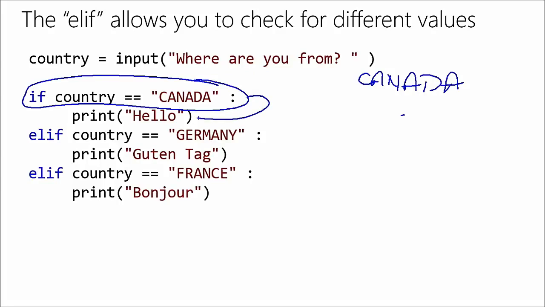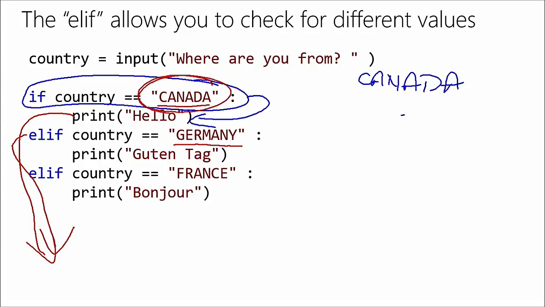It's going to run that bit of code, and then skip to the end of the if block. If it turned out that it was Germany, then the first check would test as false. It would go here, and then again skip to the end. So it's always going to be whatever the first one is that matches.